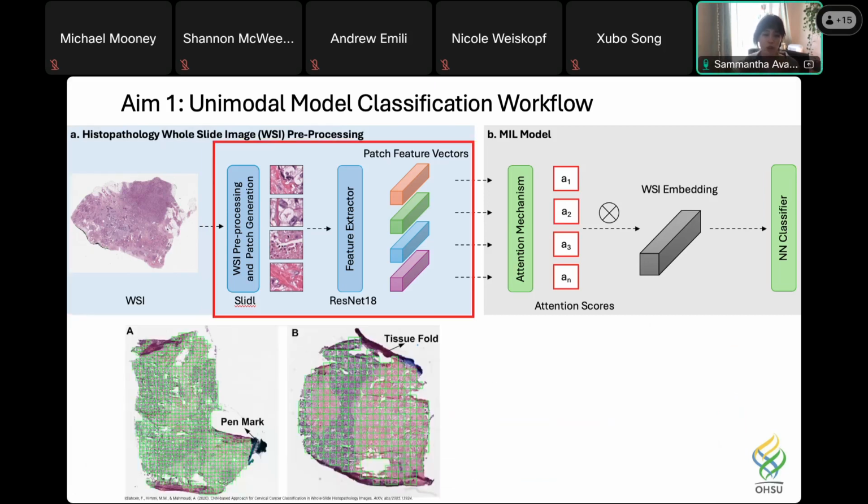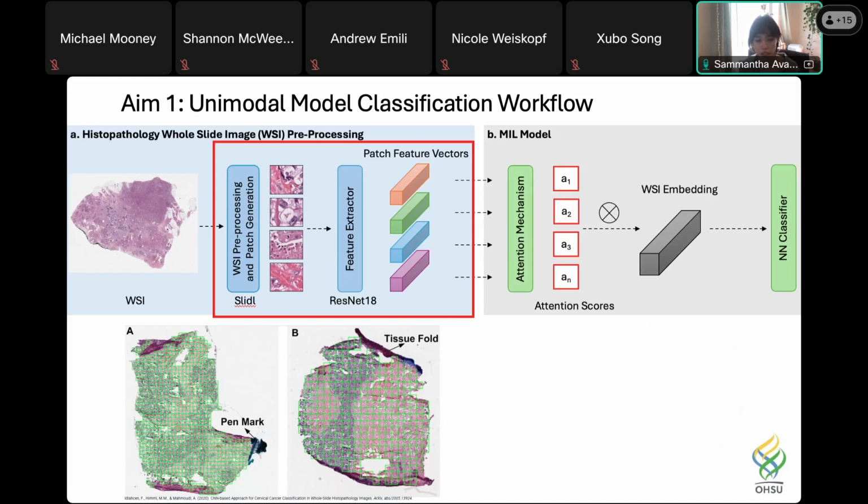And so once we have our images, one of the most critical components of our workflow is to extract clinically relevant image features from our whole slide images. However, before doing this step, we first need to pre-process our whole slide images because there could be variation in image quality, which could arise from either differences in processing techniques, as well as the presence of unwanted slide artifacts.